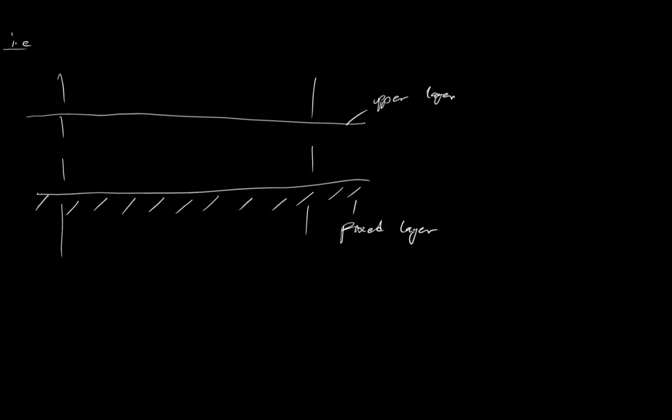But what am I trying to say? All right, let's try and visualize this. Let's say we have a fixed layer, and we have another layer on top, which is the upper layer, the movable layer. If we consider a section here, call this x, and we study the fluid in this section.